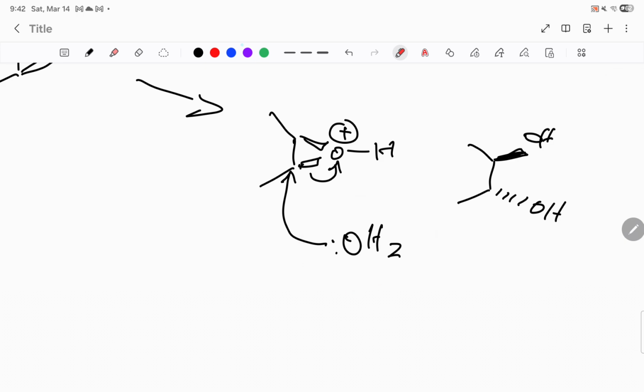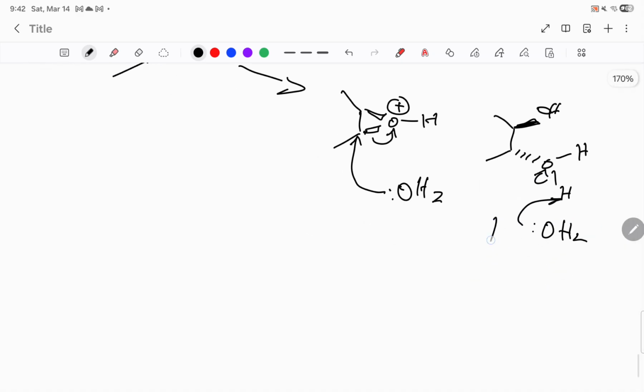When this adds, it won't be OH, it would be OH2, and a water molecule will come and grab this, and of course then it will lead us to getting that OH and OH. Beautiful.